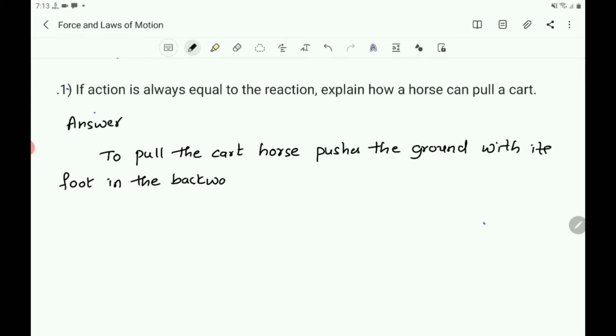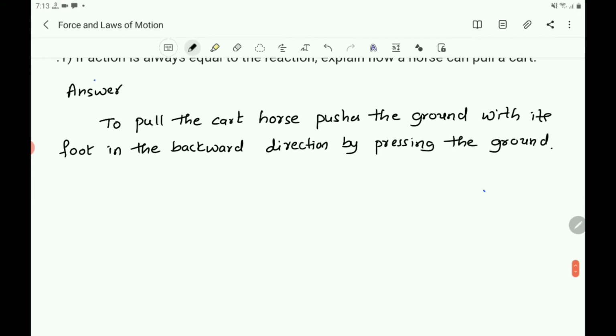By pressing the ground, it is an action.